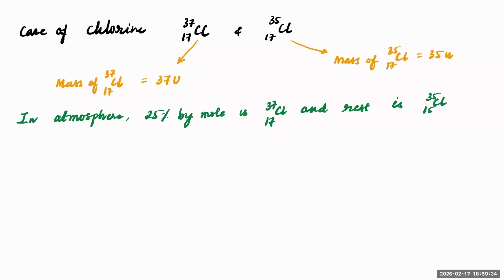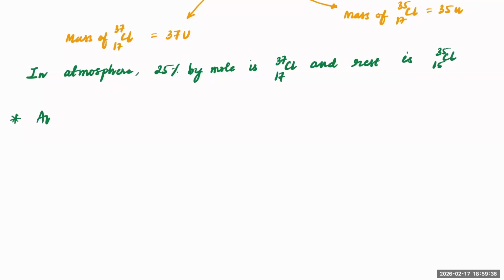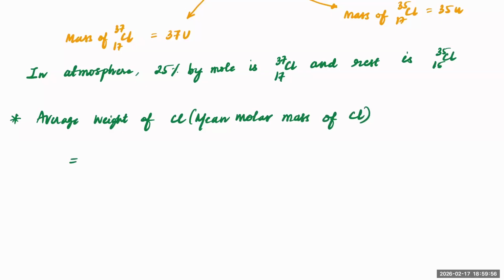See, average weight of chlorine, which is also called the mean molar mass of chlorine, will be equal to 37 times 25 plus 35 times 75, divided by 100, correct?